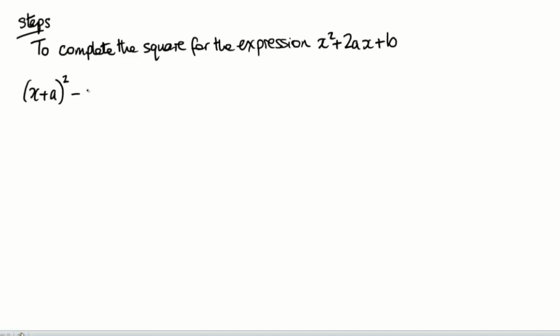We then subtract a squared, that's the number that's introduced when we expand this out. We then add on the b, because that has to be in the expression that we finish up with, and then lastly we just simplify minus a squared add b to get a single number.